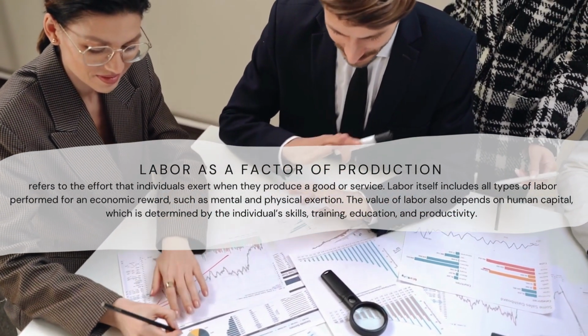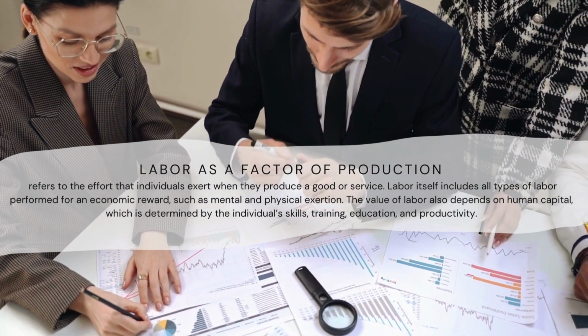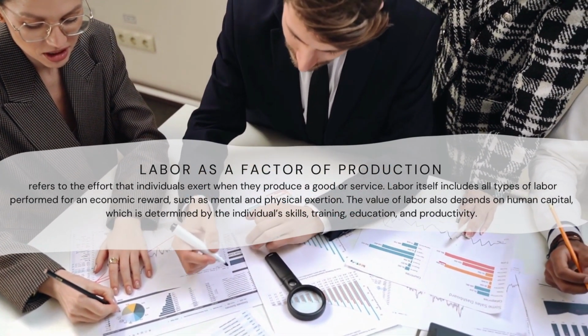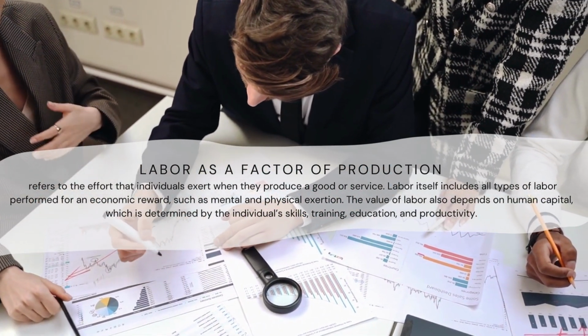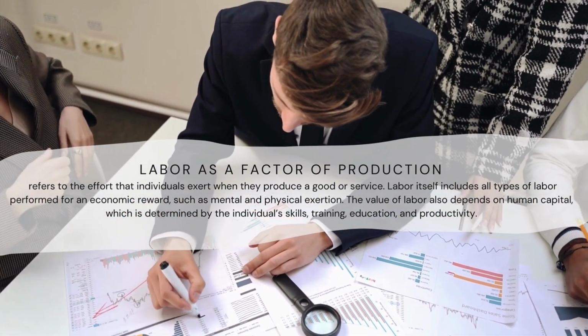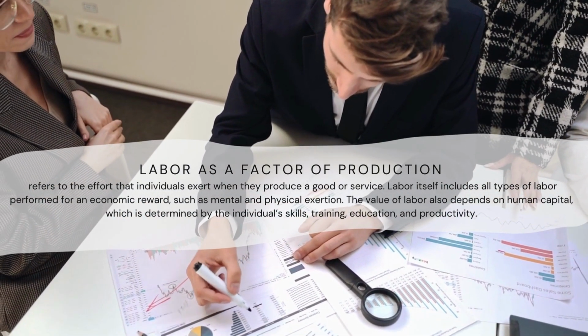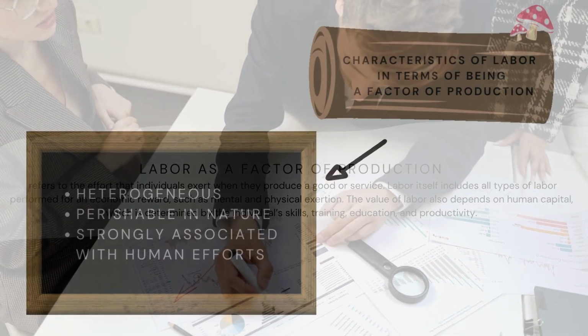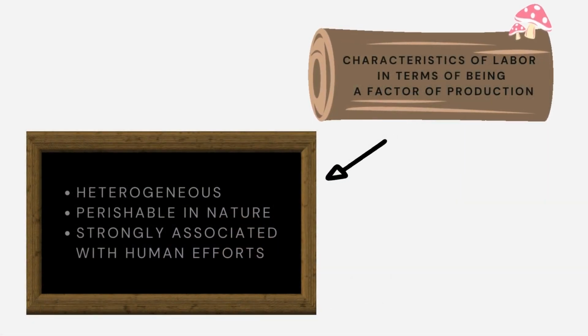Note that work performed by an individual purely for his or her personal interest is not considered to be labor in economic context. The following are several characteristics of labor in terms of being a factor of production.